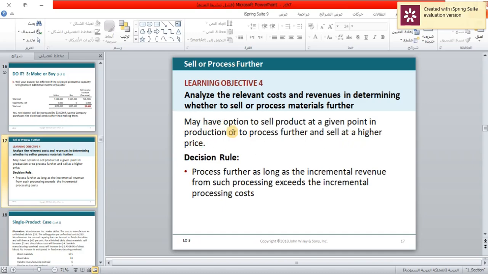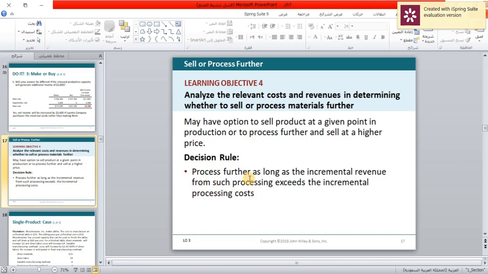Again, what is better for the company: to sell the product now or process further and sell it at a higher price? Here is the rule.